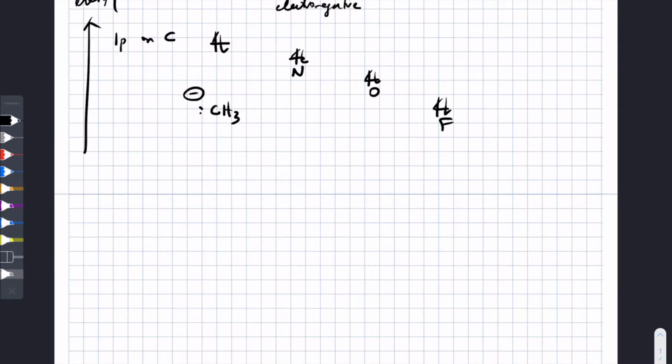Let's have a molecule with a lone pair on carbon, a molecule that's negatively charged with a lone pair on nitrogen, a molecule that's negatively charged with a lone pair on oxygen, and then a negatively charged fluorine. Based on what we've talked about, which is the most reactive, least stable, highest energy lone pair?